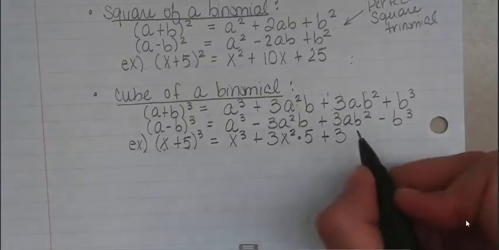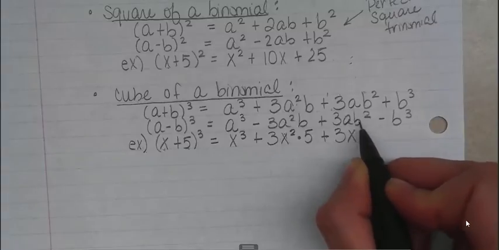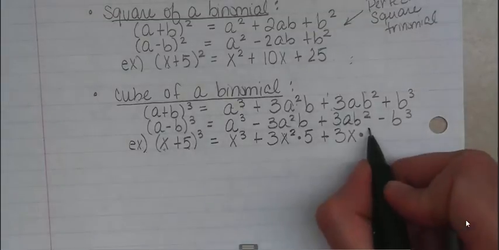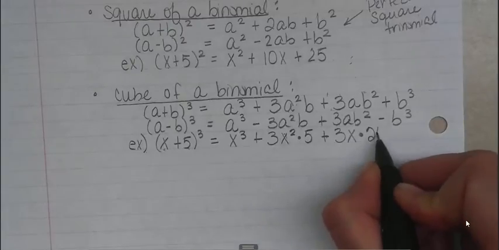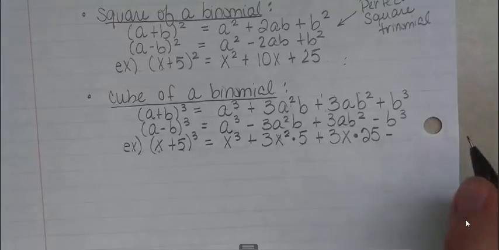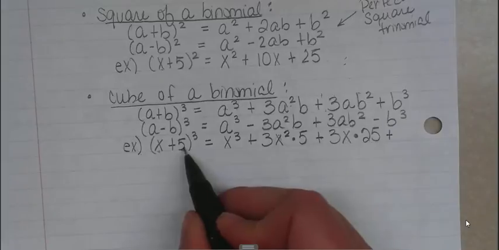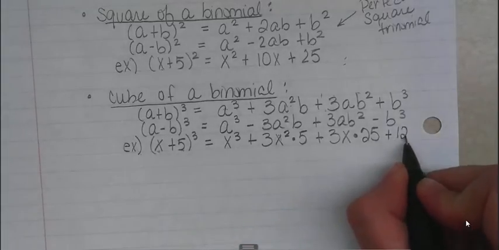A, which is really my x, is just to the first power now. And now I'm going to multiply that by b squared. And that's my second term. So that's really 25, right? B squared. And then I'm going to add b cubed. Well, 5 cubed is really 125.